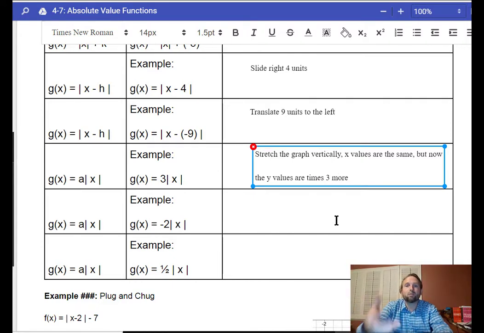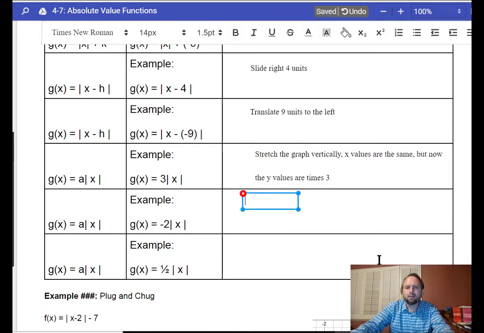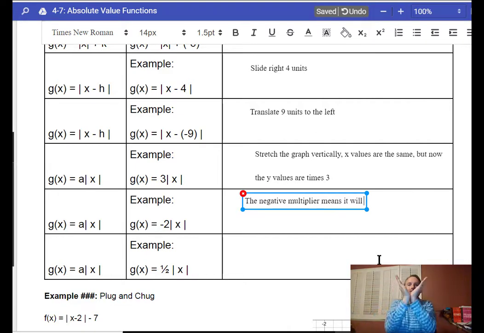So like instead of being 1, 1, it's now 1, 3, because it's times 3. Now the negative multiplier means it will reflect over the x-axis. It will go down. The V, instead of going up, will now go down.